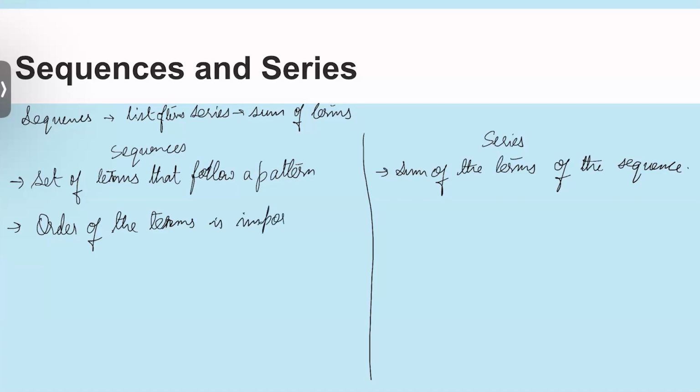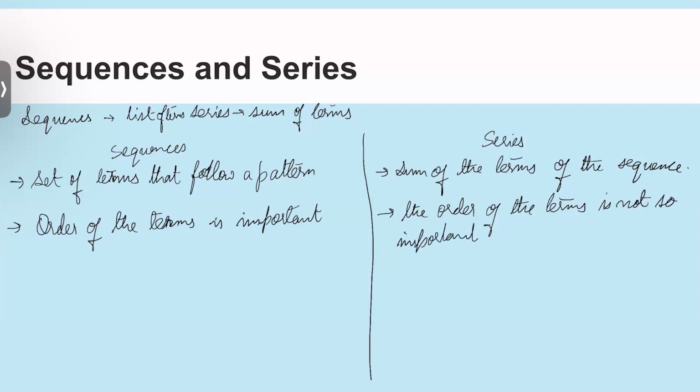If you arbitrarily write a sequence, you won't be able to easily understand the pattern or the relationship that exists between the terms. But with respect to a series, the order of the terms is not so important.